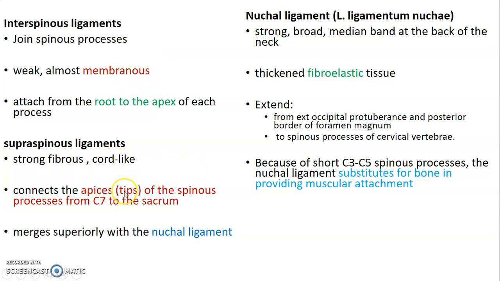And they usually connect the apices of the spinous processes from C7 to the sacrum. Above C7, the apices of the spinous processes are connected by the nuchal ligament.